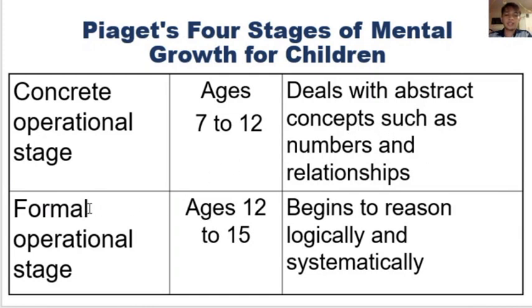And at the highest or last stage is the formal operational stage that begins to reason logically and systematically. As you can notice, in the concrete operational stage, children can understand and solve concrete problems, whereas in the formal operational stage, children can still think in a more logical function, but they can comprehend more abstract problems.